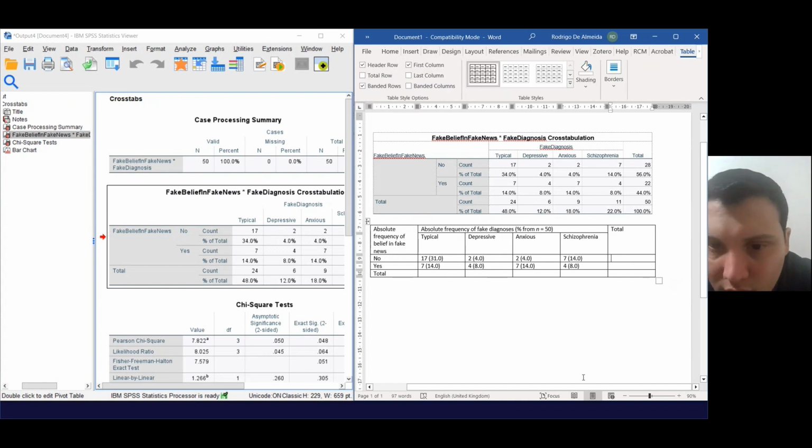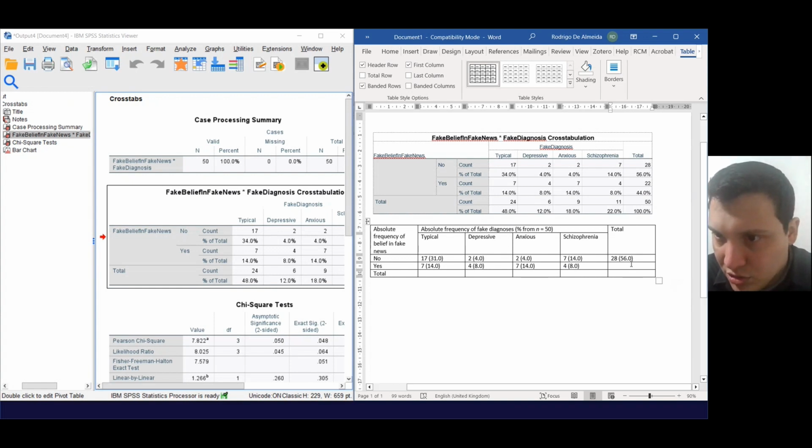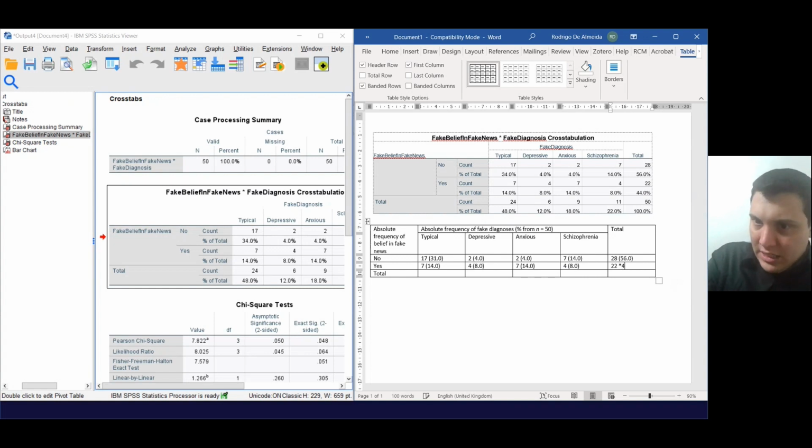Now, the totals we were just copying, so that's just the same. 56% out of the total 50 people are people who don't believe in fake news. 44% of the sample believes in fake news.